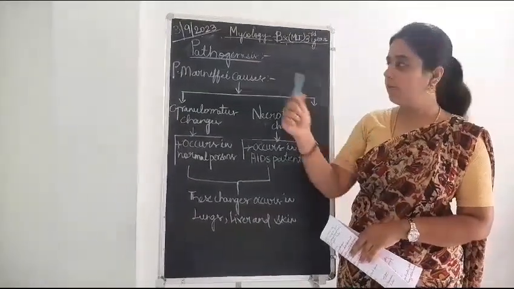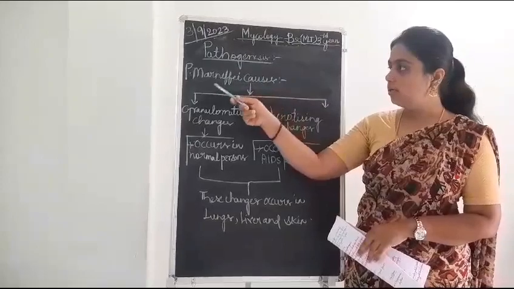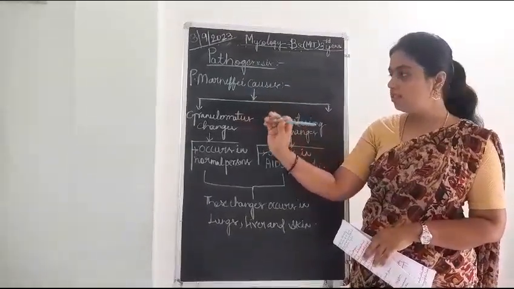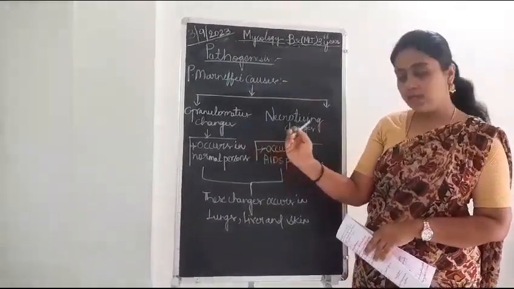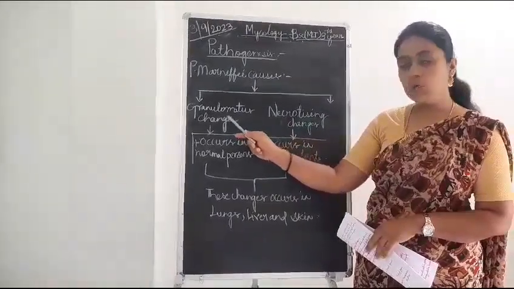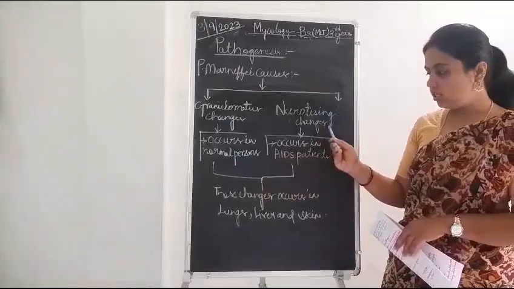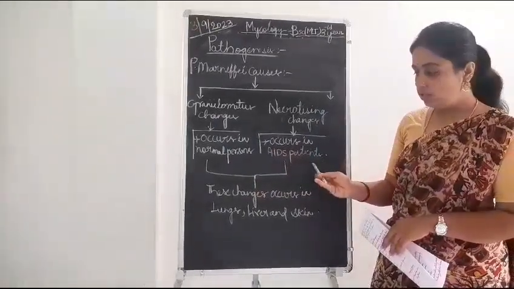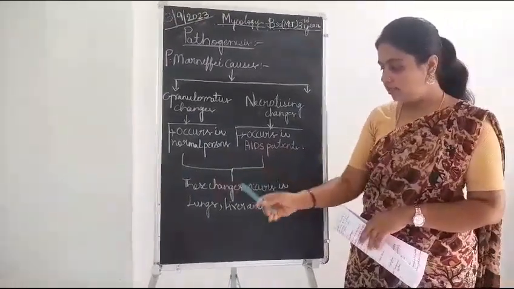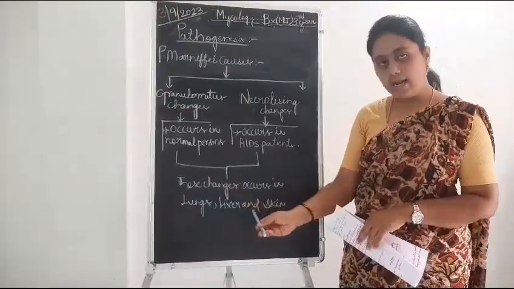So coming to the pathogenesis, Penicillium marneffei causes granulomatous changes and necrotizing changes, and these granulomatous changes occur in normal persons, whereas necrotizing changes occur in AIDS patients. So these changes can be seen in these organs: lungs, liver and skin.